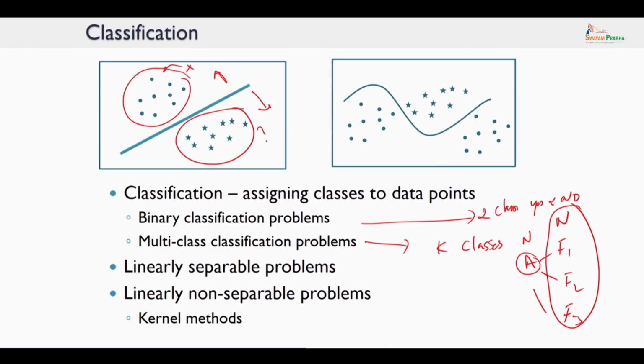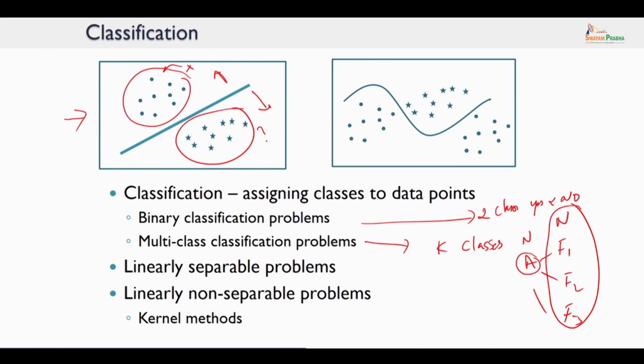In a binary classification problem, if the data is organized like it is shown in this picture here, we call this data linearly separable, where I could use a hyperplane to separate this data into 2 sides of the hyperplane, or 2 half spaces, and that gives me perfect classification.